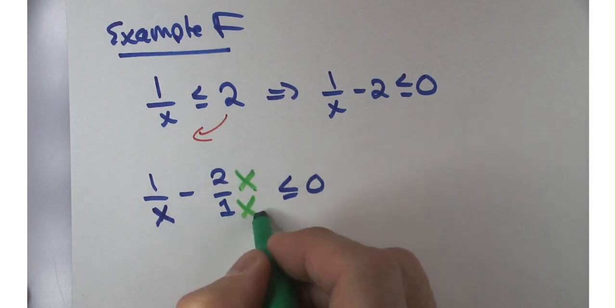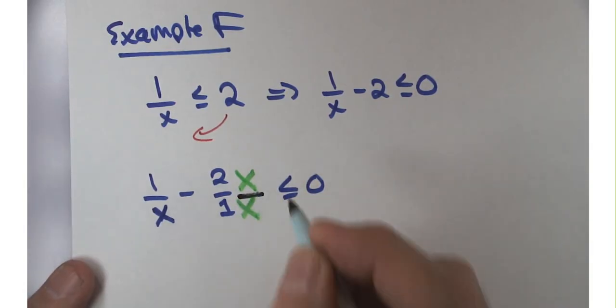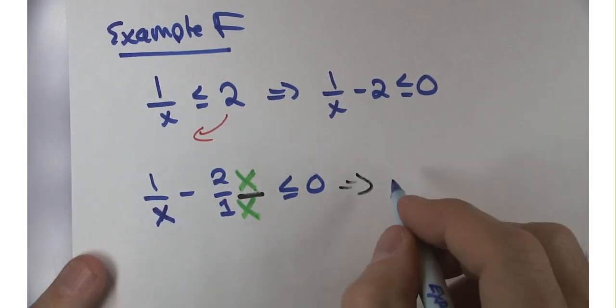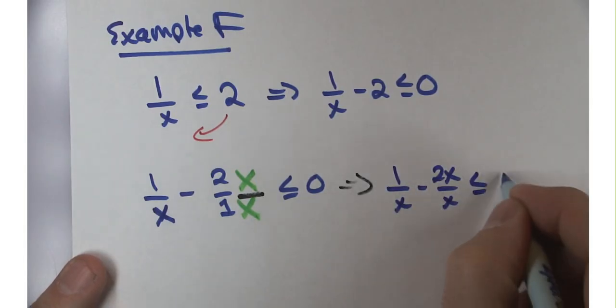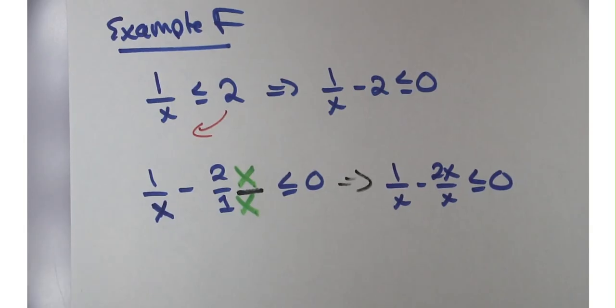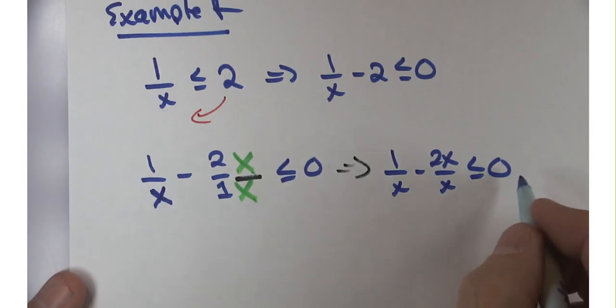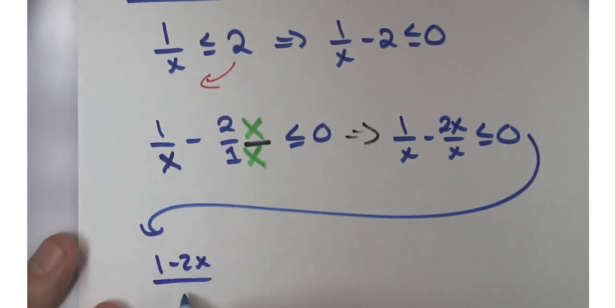Thank you, x. So I'll multiply by 1 in the form of x over x. And that gives me 1 over x minus 2x over x is less than or equal to 0. Great. Looking good there. And finally, because I've got common denominators, now I can bring those two together. 1 minus 2x over x is less than or equal to 0.